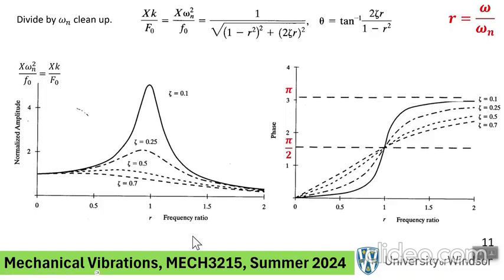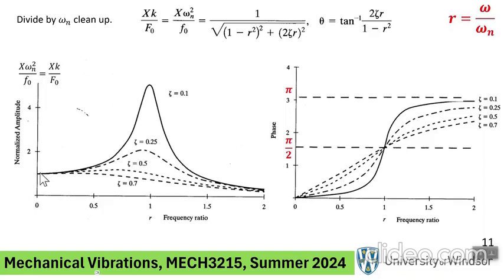Okay? This tells you a few more things. For very small values of R, that means omega is very small compared to omega n. Essentially we have a load that is applied that has a very small frequency, an extremely large period. So basically it's a static problem.